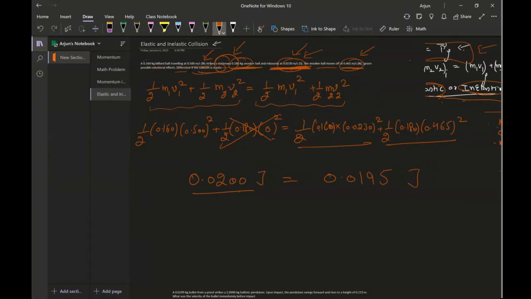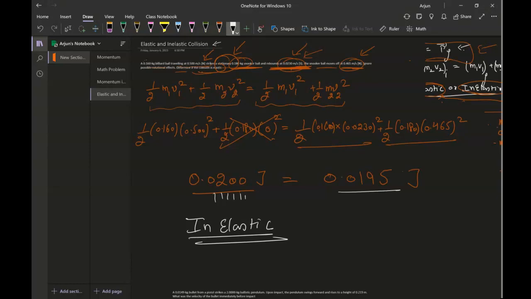So are they equal? They're pretty much close, but they're not exactly equal. That's why I've kept the answer up to 4 decimal places, because I wanted to find out whether they are exactly the same or not. They are not in this case, so I will call it that the collision is inelastic.